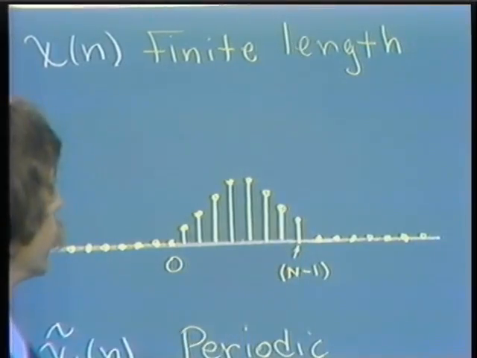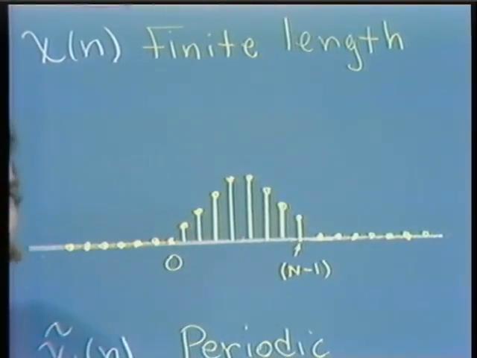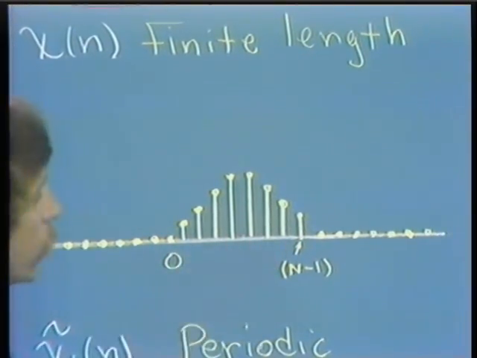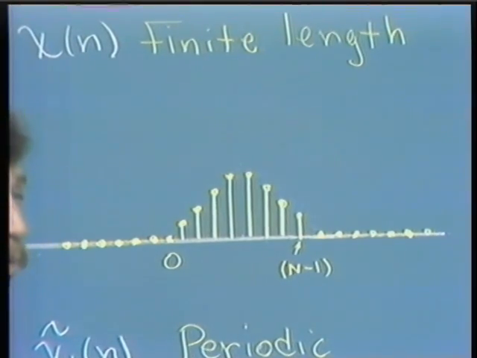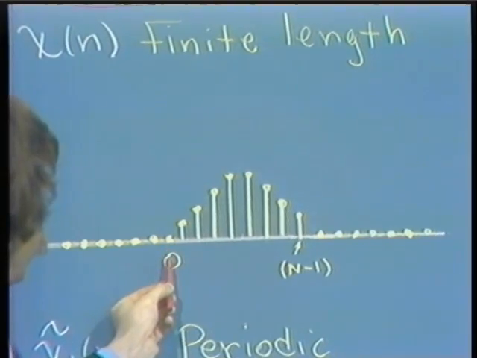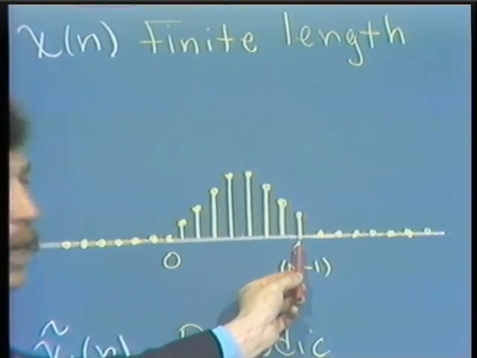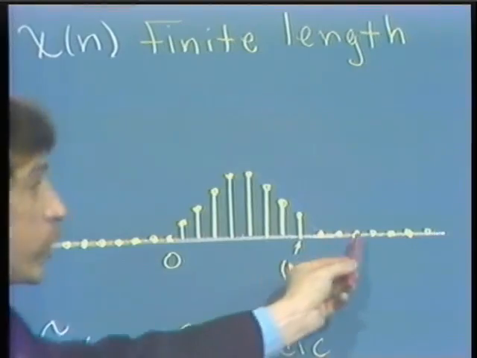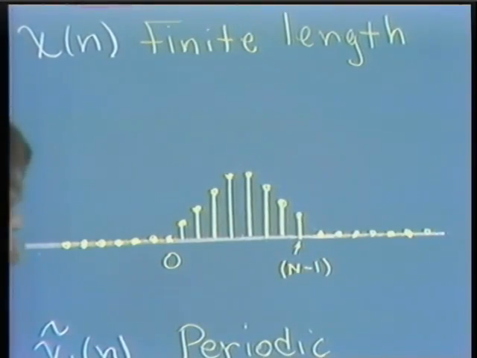Here is a sequence that is of finite length, and I've chosen to refer to it as a sequence of finite length capital N. It's 0 outside the range from little n equals 0 to little n equals capital N minus 1. It's 0 outside that range.